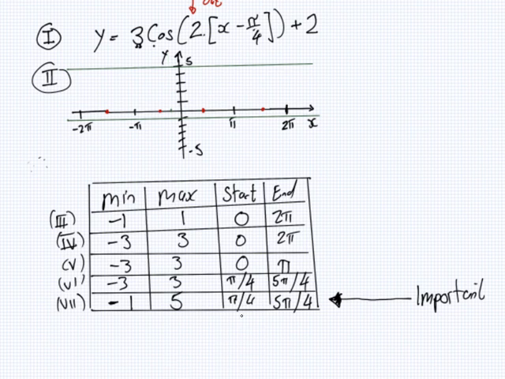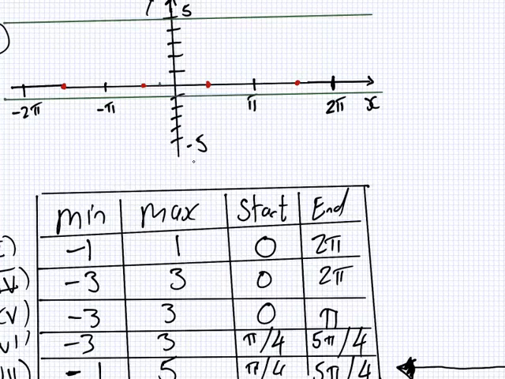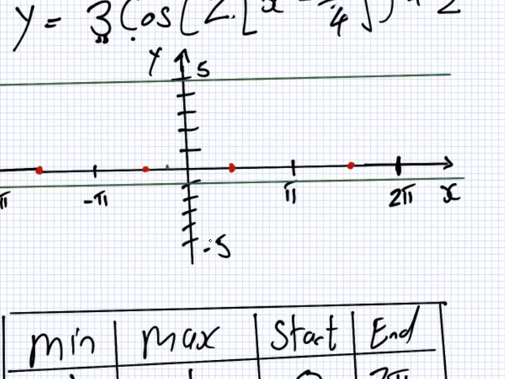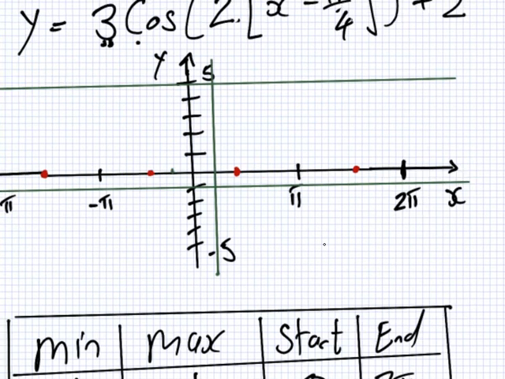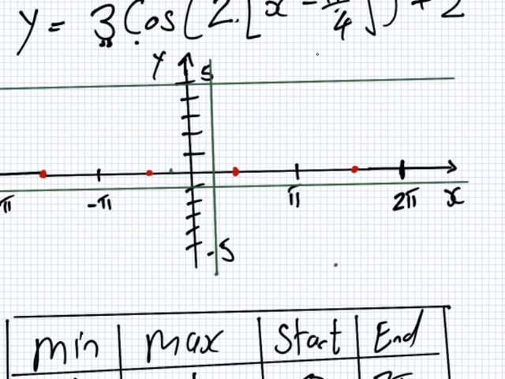Sorry, this is positive, so I should have drawn it here. Thank you. Okay. I'm just going to zoom in. Now as I was saying, this is 1, 2, 3, 4.